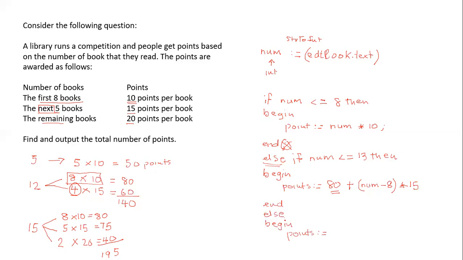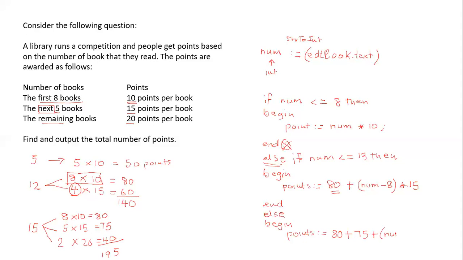So the first part will be having read 8 books. To come into this else means you've read 8 books, so you'd have received 80 points. And to come into this else also means you'd have read the next 5 books. So for that, you would also have received 75 points. And now let's look at the remainder.